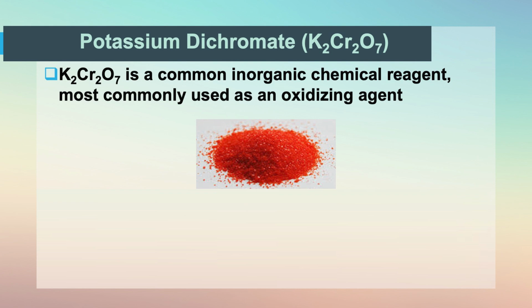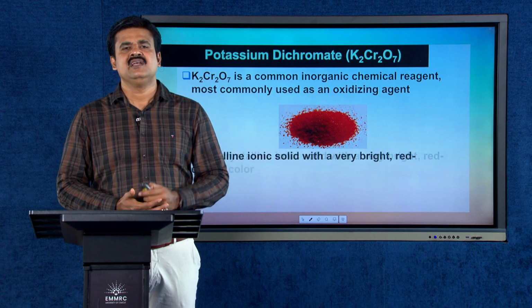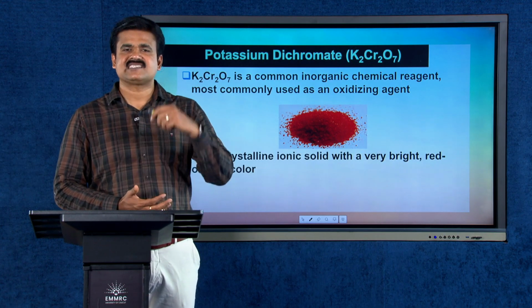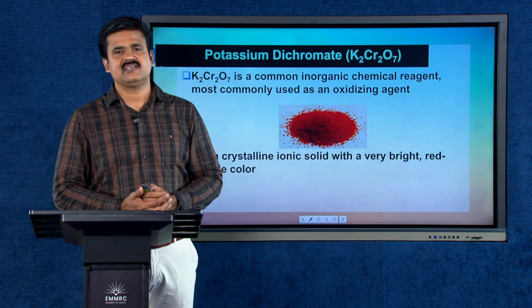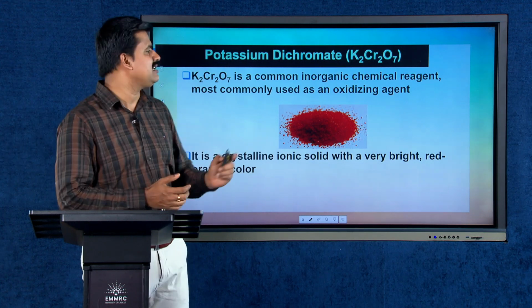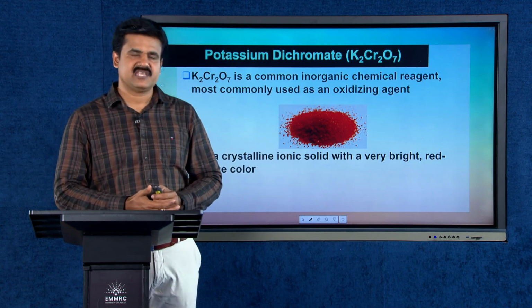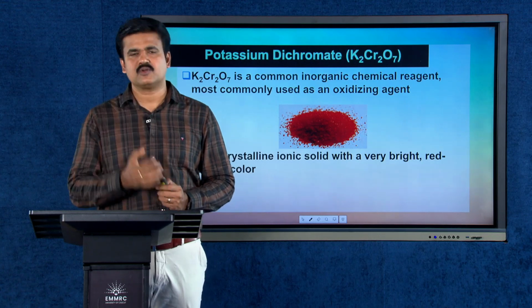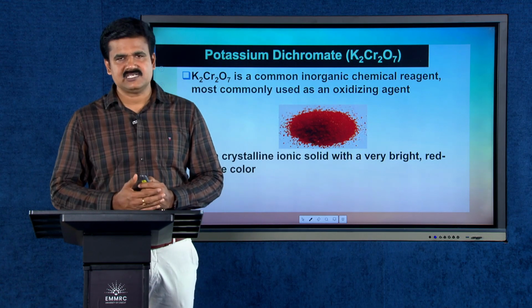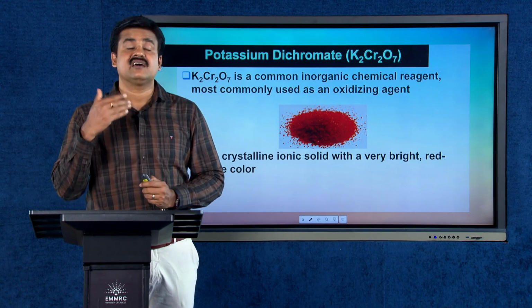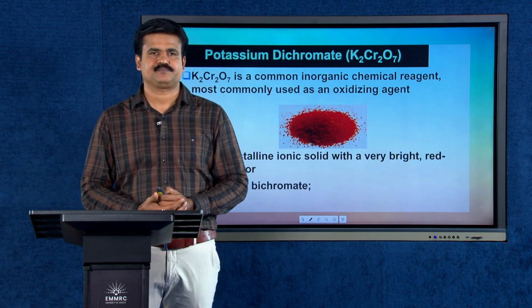It is an orange colored crystal as shown here. This potassium dichromate is a crystalline ionic solid with very bright red orange color as shown here. So, potassium dichromate is a crystalline solid which is bright red orange in color.